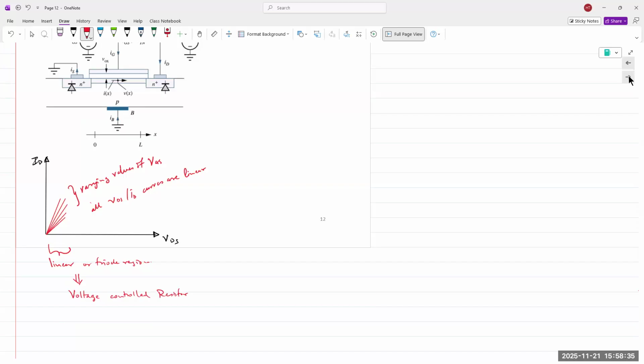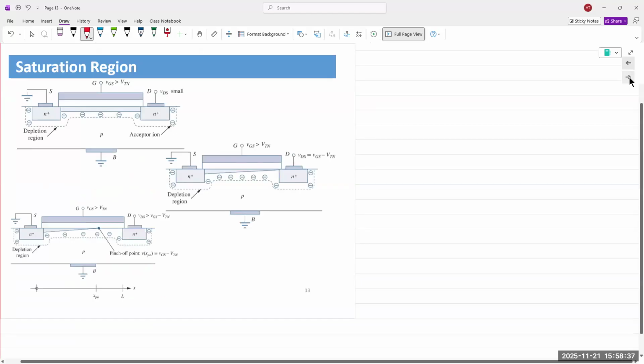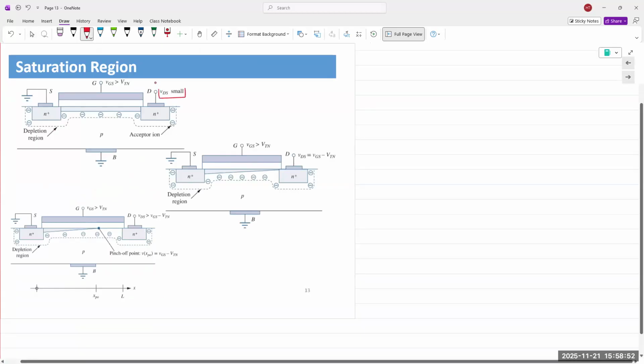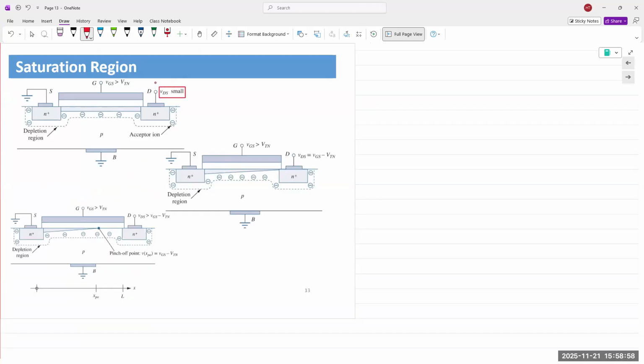Now, at some point, similar to FETs, the channel will pinch off. Okay, the channel is going to pinch off. So when you keep increasing the voltage, right now the VDS is small, so your curve is going to keep increasing linearly.